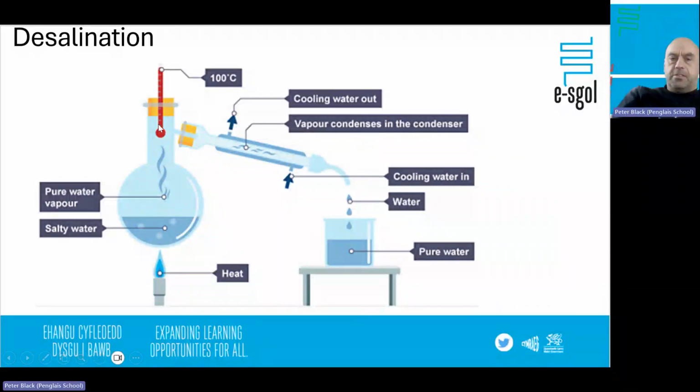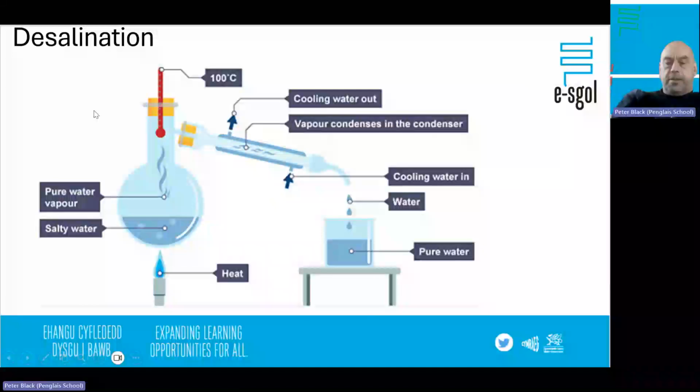You'll also notice, by the way, there's a thermometer here. We always position a thermometer near the mouth of the condenser, and this is so we record the boiling point of the liquid that's being collected in the condenser. And you'll notice here it's recording the temperature 100 degrees C, because that's the boiling point of water. Okay, so that's another way we can collect our water through distillation if you've not got much rainfall, in these sort of arid regions.